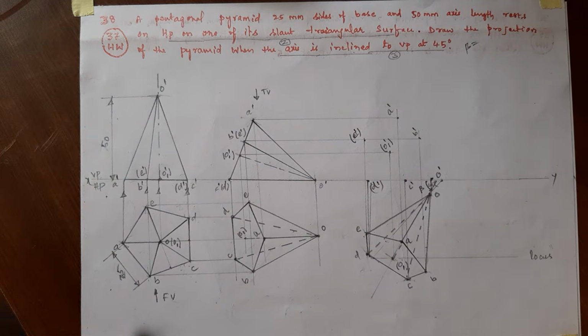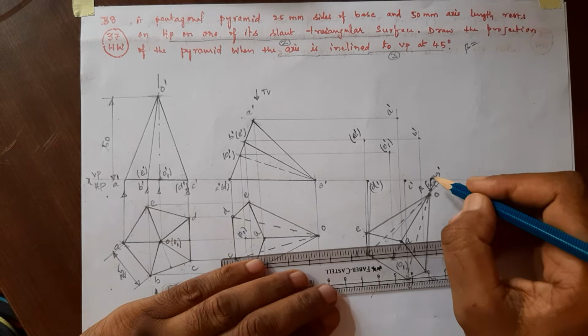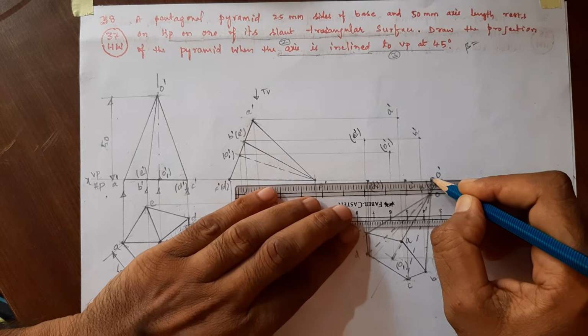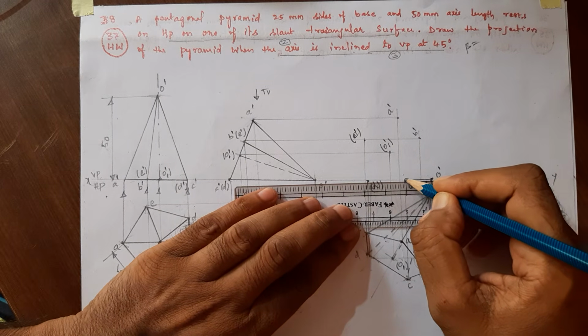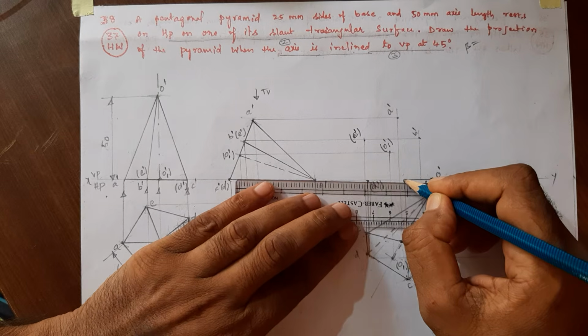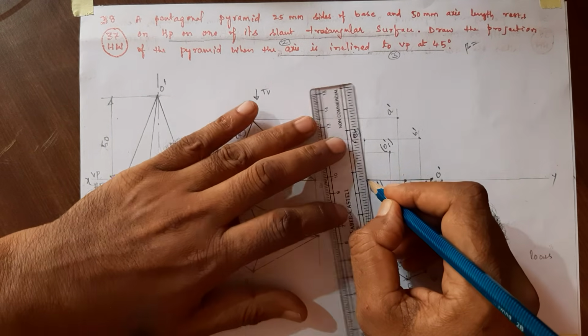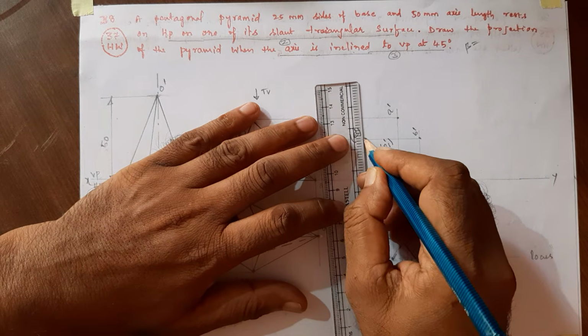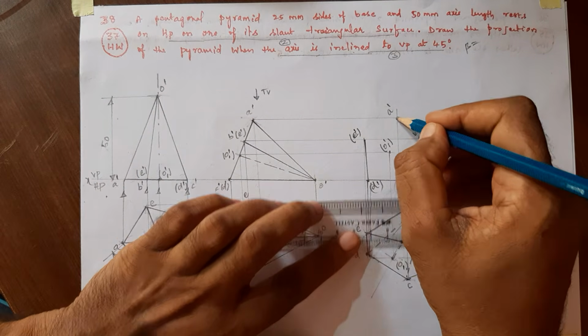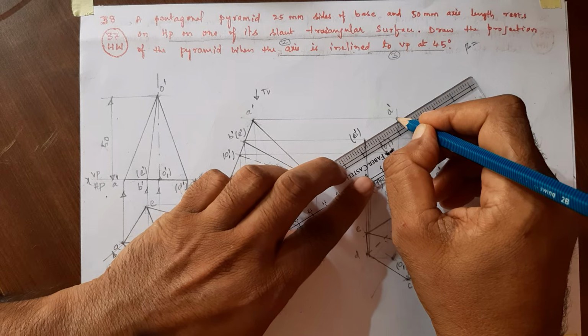Now joining the outside points, we get the outside edges. Outside edges are visible, so draw with thick line. Now see O dash to C dash, C dash to D dash, and D dash to E dash. Now E dash to A dash.